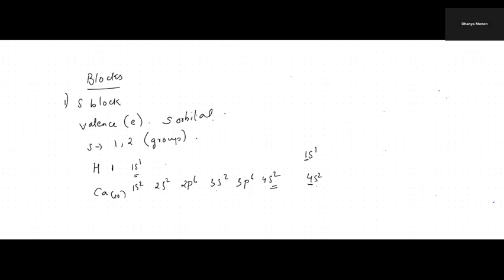Now this last shell number will give you the period number. The horizontal rows are called periods. So hydrogen is in the first period. What about calcium? Calcium is in the fourth period. So the valence shell number will give you the period number.